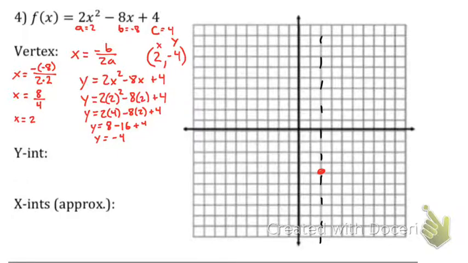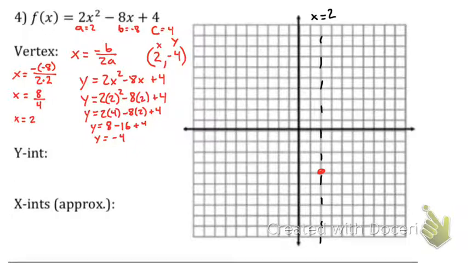The formula for the AOS is x equals whatever our x value is in our vertex, which is usually our h value from last week. So x is equal to 2. That's our axis of symmetry.